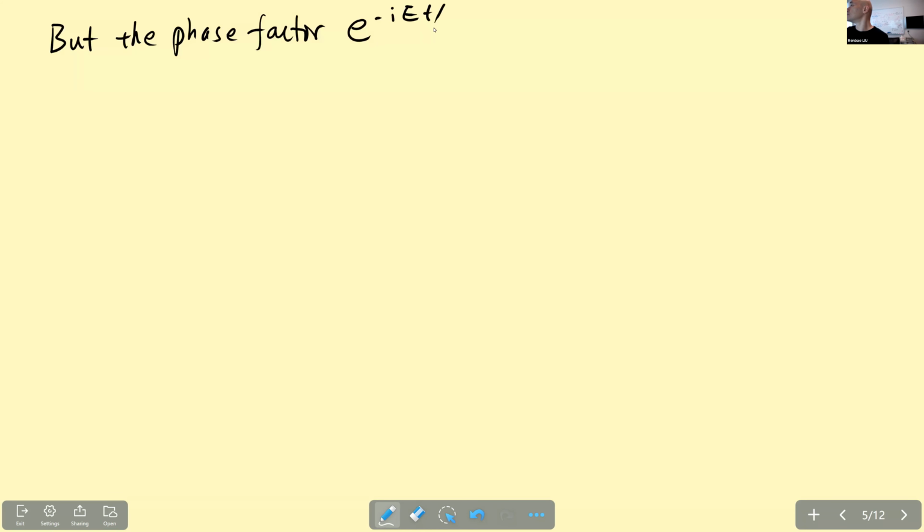What was the point of this kind of phase factor, right? This will be important, okay? The phase factor is important in superposition.